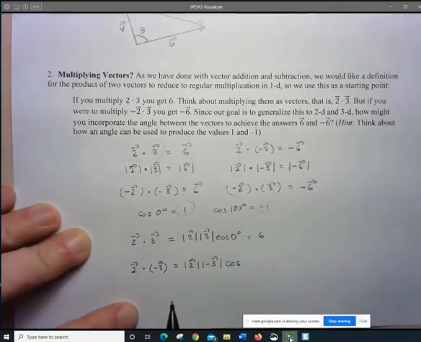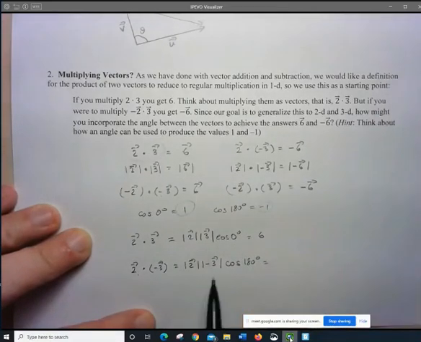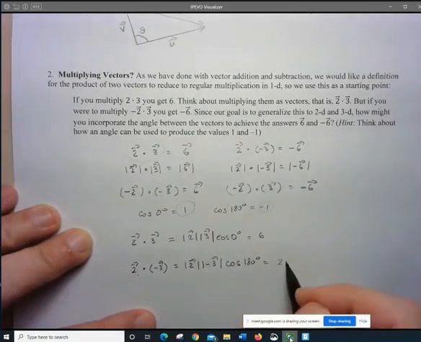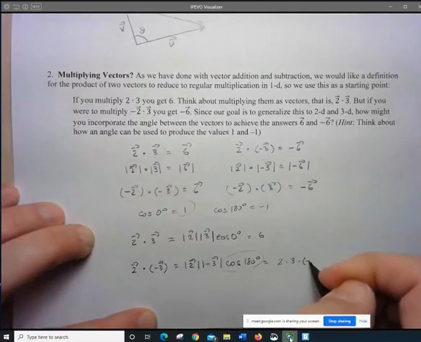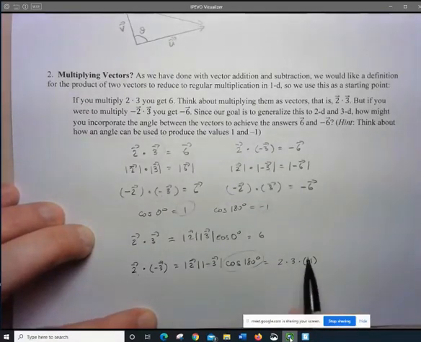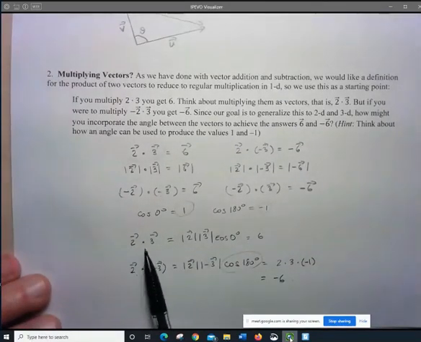The angle between the two vectors is 180. So what do we get here? We get 2 times 3 times cosine of 180. It produces that negative portion that I needed before. And look what I get. I get -6.